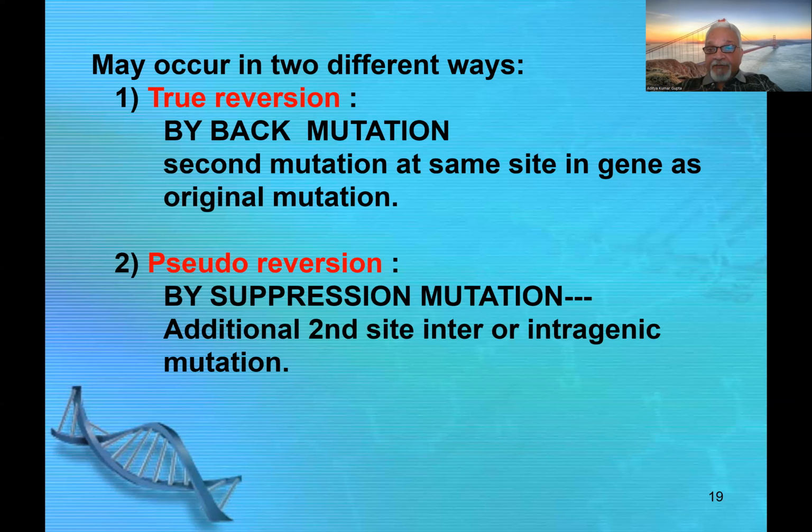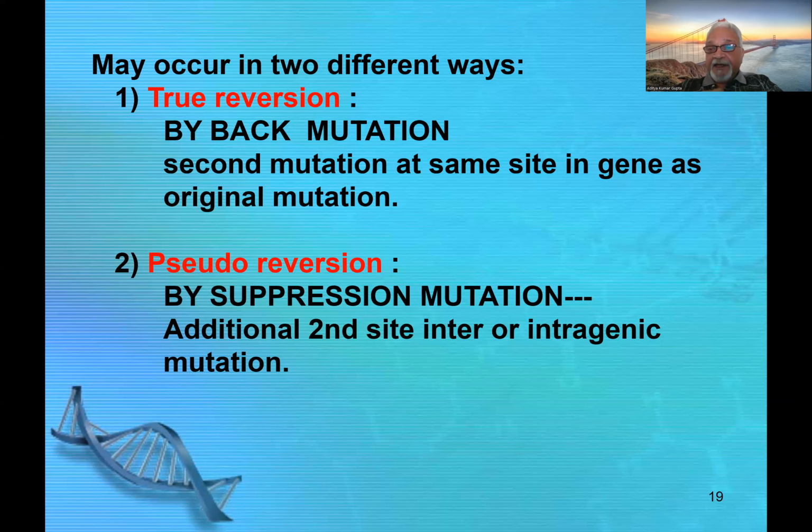The second mutation can be in the same gene, so intragenic, or it can be in a different gene altogether. But the consequence is that the cell resumes the wild type phenotype, and that is what we are going to look at in slightly more detail.